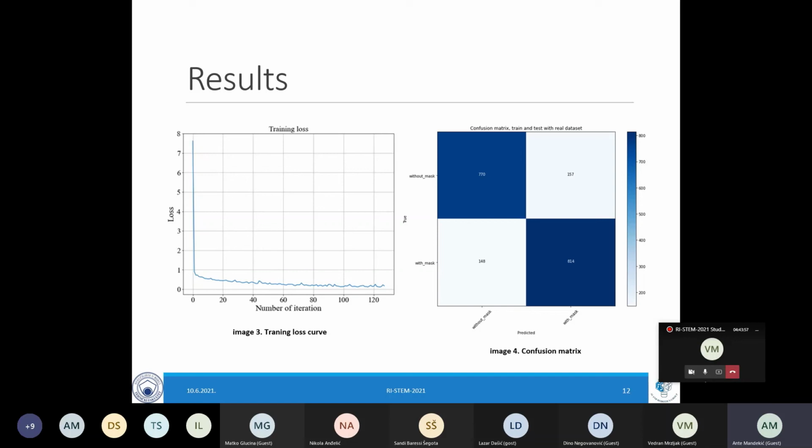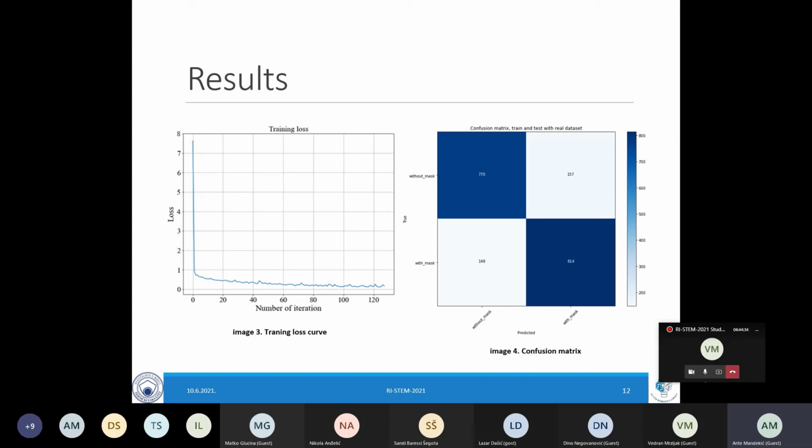Here we have two images. On image 3, we can see a training loss curve. It shows training loss in each iteration. Training stopped after the difference in loss was negligible. As we can see, after 120 iterations, it didn't change. It was a negligible change in difference. And in image 4, we can see a confusion matrix where we can see how many images it got right and how many of them were false detections and undetected masks.